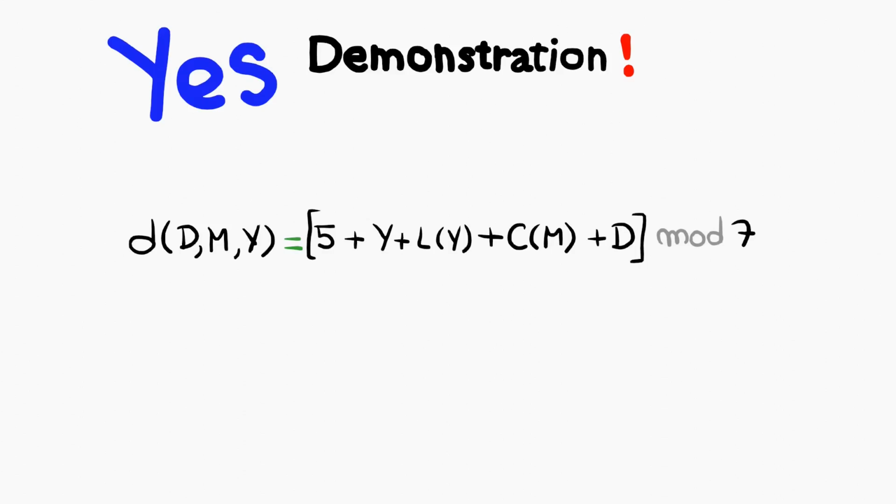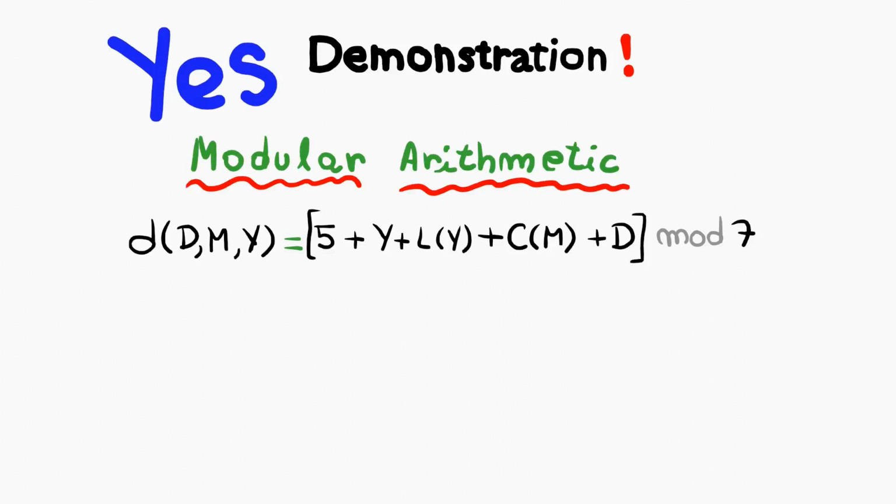And also very interesting, to achieve this, we will use modular arithmetic, a very interesting area of mathematics with many applications, this being just one of them. We will also simplify this formula so that we can mentally calculate the day of the week for any date in the 20th century, just as the child did.